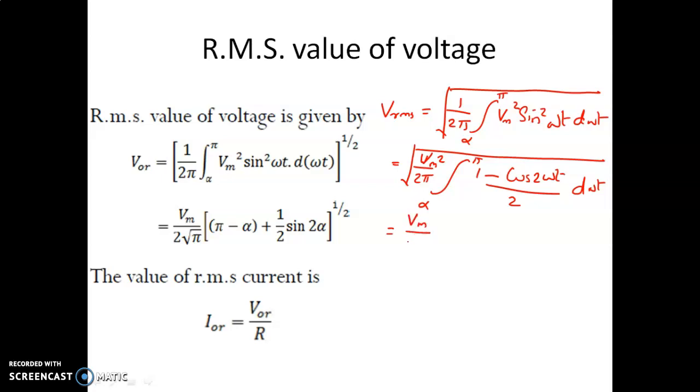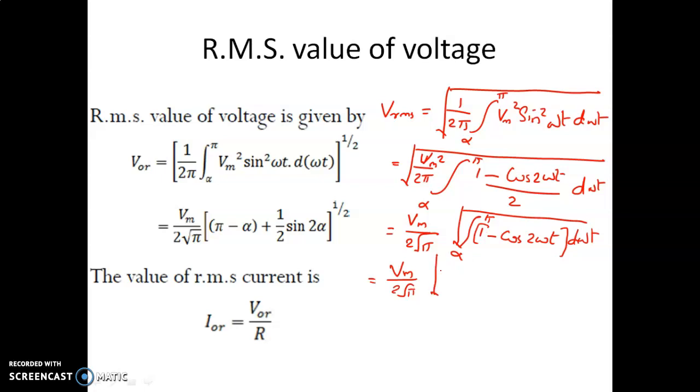That will become Vm by 2, and if pi is taken out, Vm by 2 root pi, times the root of the integral alpha to pi 1 minus cos 2 omega t d omega t.